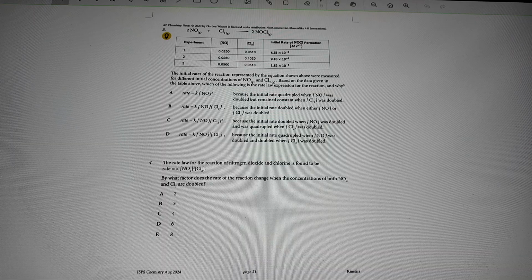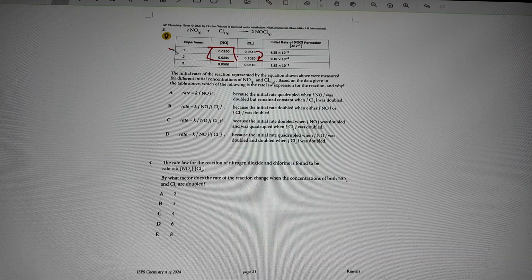the first experiment to the second experiment, we double the amount of Cl2. So this is how you should read these things. Look, it stays the same here, right? But then we double here, we times 2 here. And what does that do? That doubles the reaction. And then we kept things the same between 1 and 3 for Cl2, right? And then we doubled NO. And what did that do?